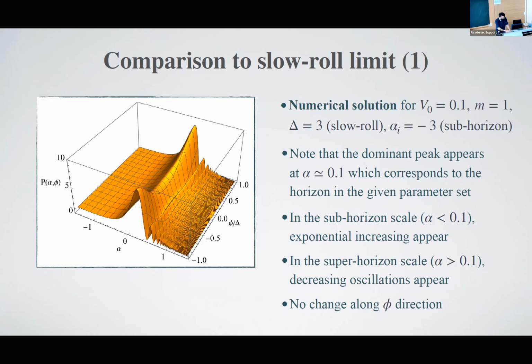You see the dominant peak there, which corresponds to the horizon in the given parameter set. In the sub-horizon scale, you see an exponentially increasing curve, and in the super-horizon scale, you see decreasing oscillating patterns. Note that there are no changes along the phi direction.